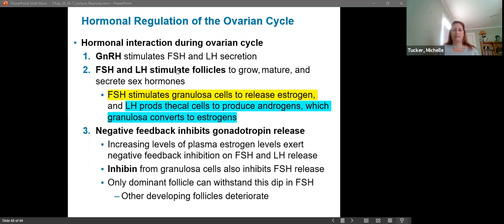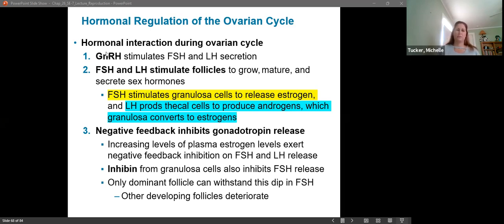FSH and LH stimulate follicles to grow, mature, and secrete sex hormones. FSH stimulates granulosa cells to release estrogen. LH prods thecal cells to produce androgens, which are then converted by the granulosa cells to estrogen.